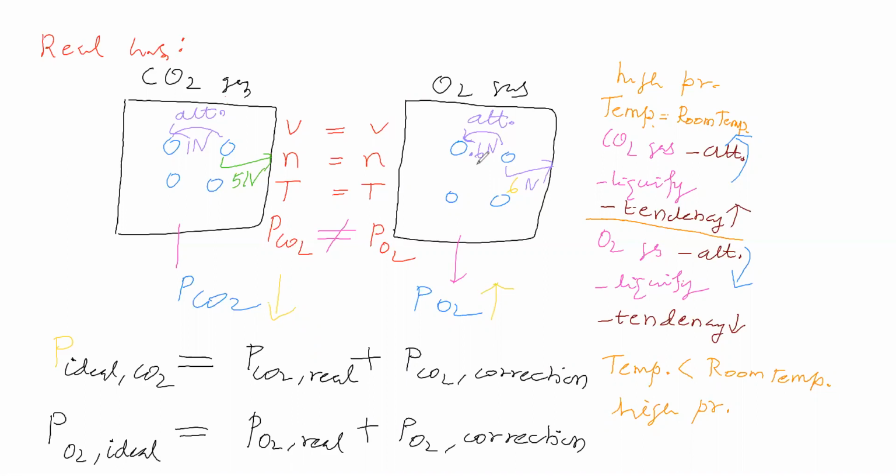Now we are assuming that these two are ideal. That means we are taking carbon dioxide gas in this vessel. We assume it is an ideal gas, though practically it is not.